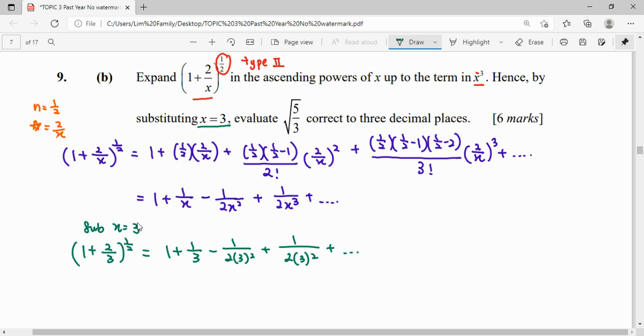What we're going to achieve here is square root of 5 over 3. So we do it step by step for the left hand side, where power of 1 over 2 is square root. Inside the bracket, 1 plus 2 over 3 is 5 over 3. So this question is quite direct. And then to 3 decimal places.